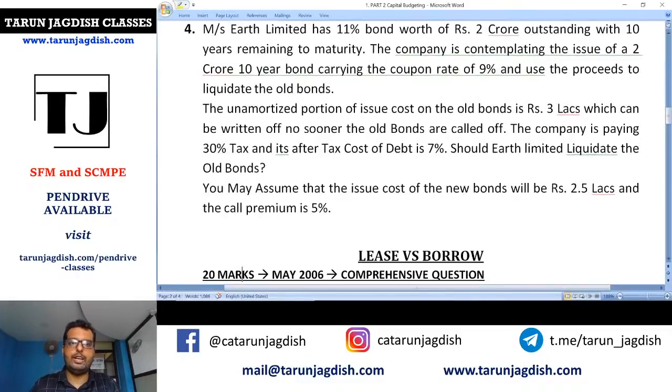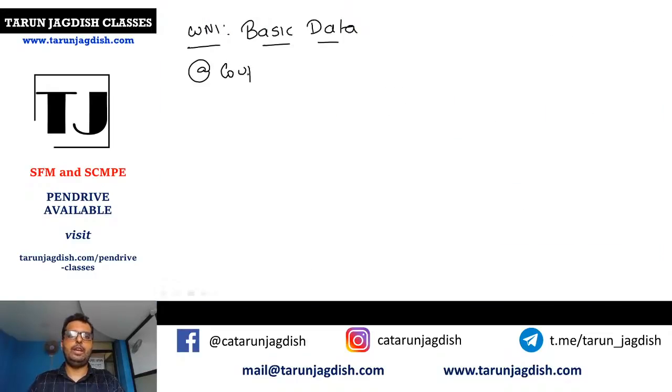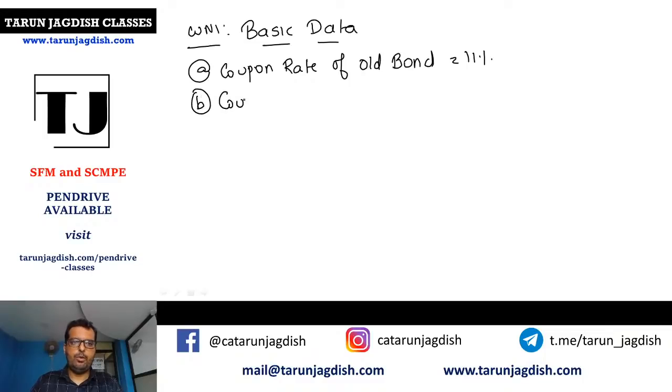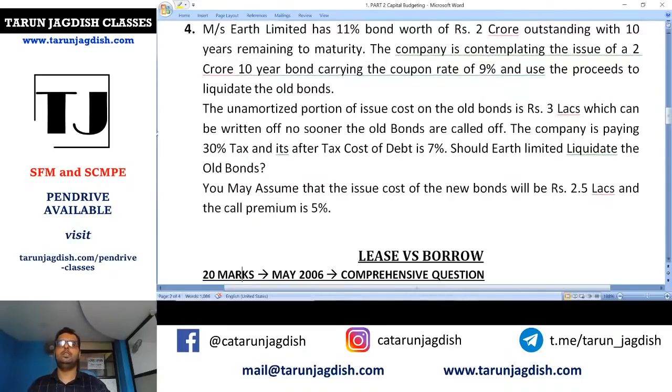Okay. So I'll first write down coupon rate of old bond, which turns out to be 11%. Point number B, coupon rate of new bond, that is 9%.